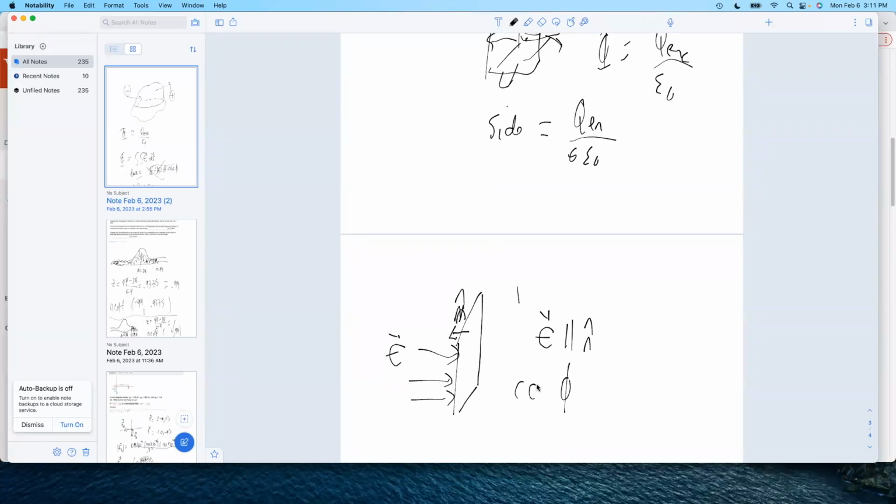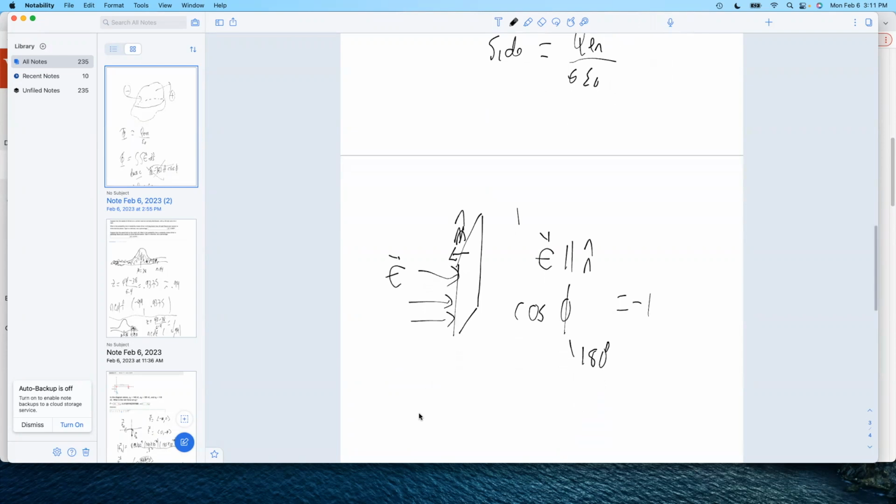When we have that cosine of phi, phi is the angle between these two. Technically, we say parallel here, but these are really anti-parallel. They're in opposite directions. So here phi is 180 degrees. Cosine of 180 is -1. So the flux that flows through this side is negative because we're flowing in.